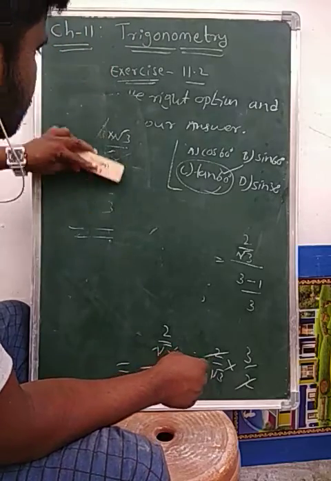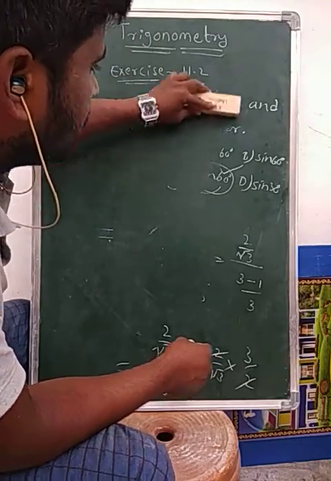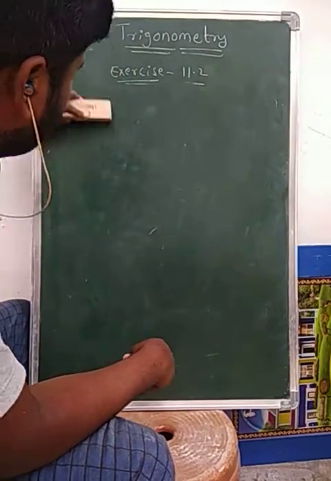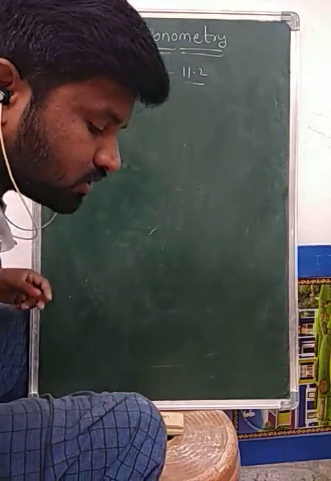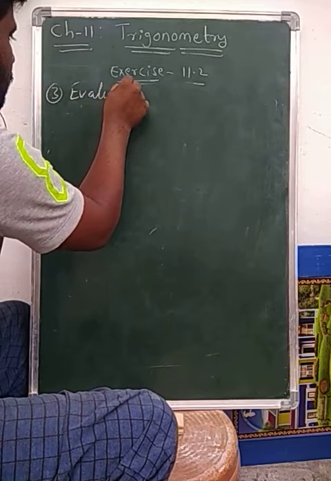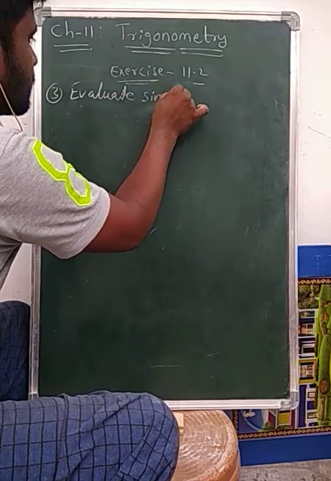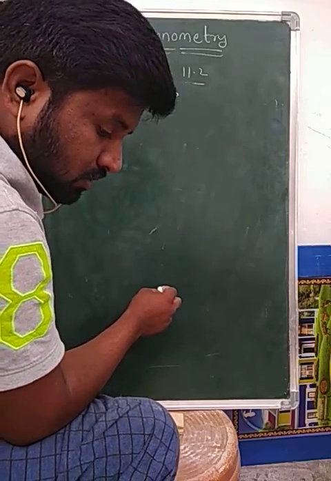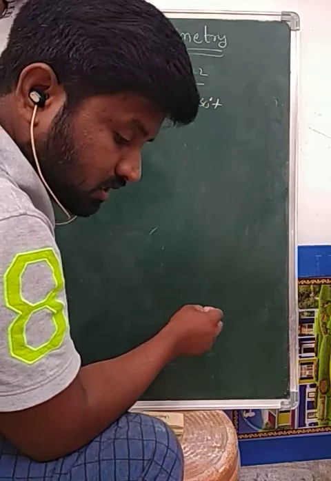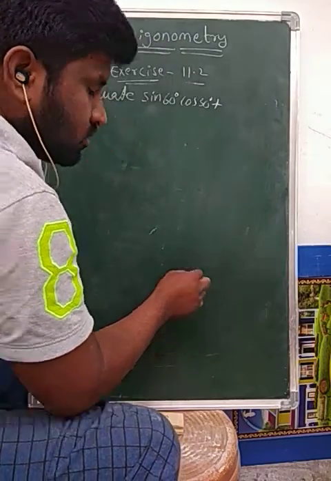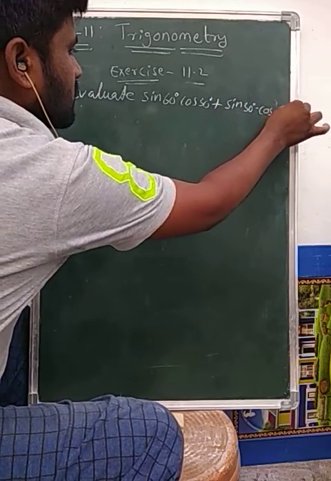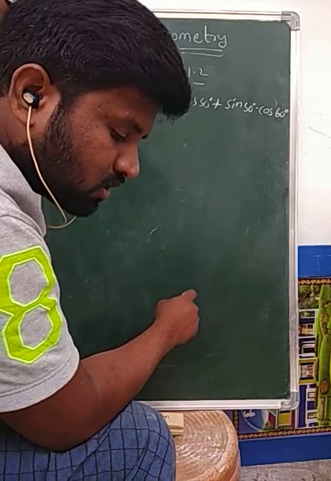Now see the next one. The question is given, third one: evaluate sin 60 degrees into cos 30 degrees plus sin 30 degrees into cos 60 degrees.